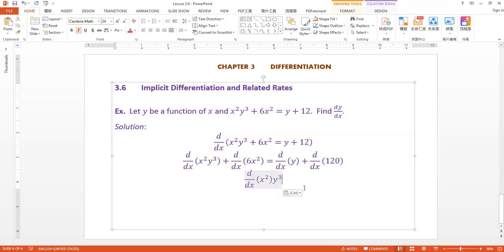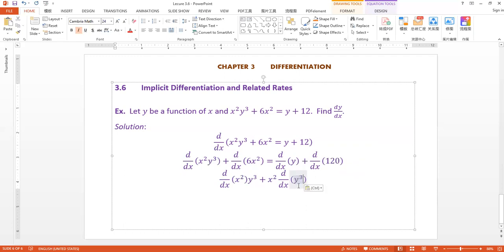That's the first term. And then we multiply x squared with the derivative of y cubed.